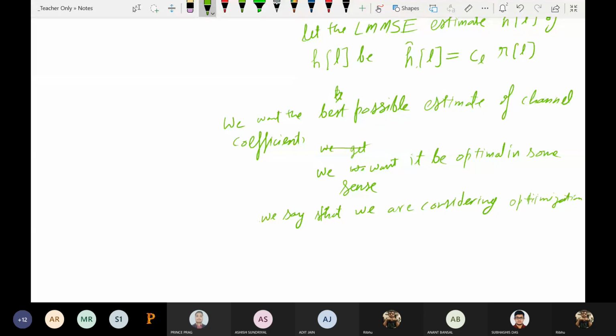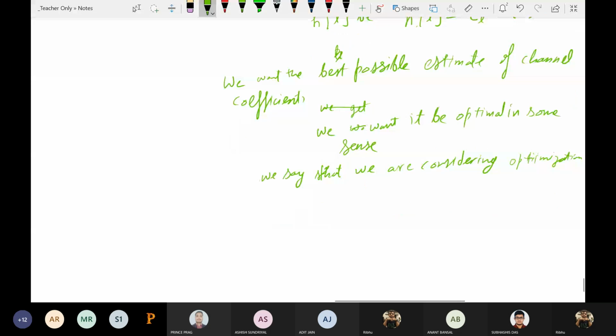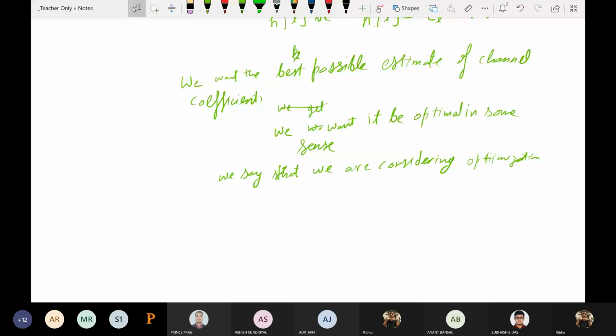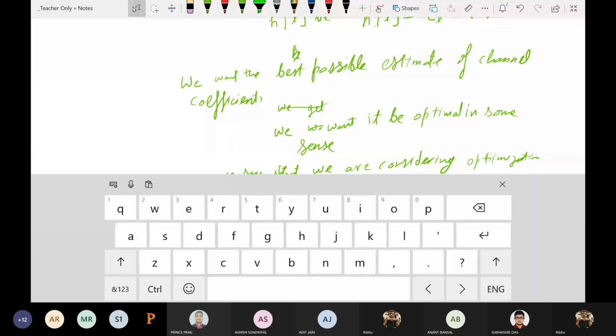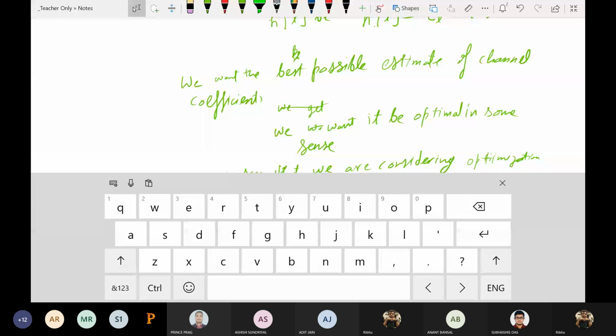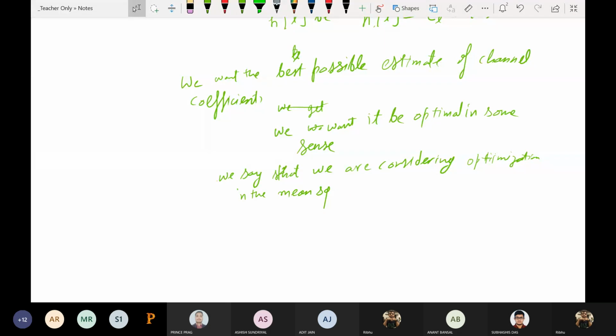So we say that we are considering optimization in the mean squared error sense. Fine.